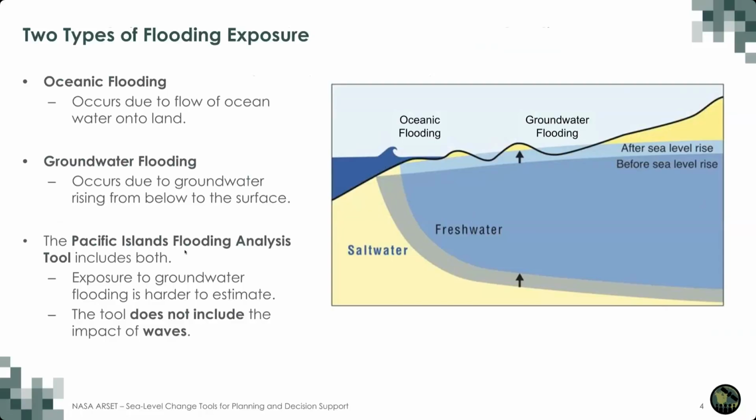Okay, so in our flooding analysis tool with the Pacific Islands, we include both. We delineate areas that are exposed to groundwater flooding and also oceanic flooding. The groundwater flooding is harder to estimate because if you want to do that really well, you have to know a lot about where the groundwater already is, and how it relates to the ocean.